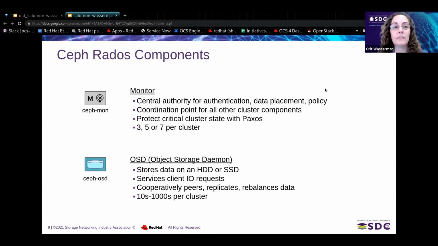Then you have the OSDs, the smart storage daemons. They provide the I/O to the clients. We have lots of OSDs in the cluster. Most common is one OSD per disk, but you can partition a disk and have the OSD serve only that partition. We have from tens to thousands of OSDs in a cluster.